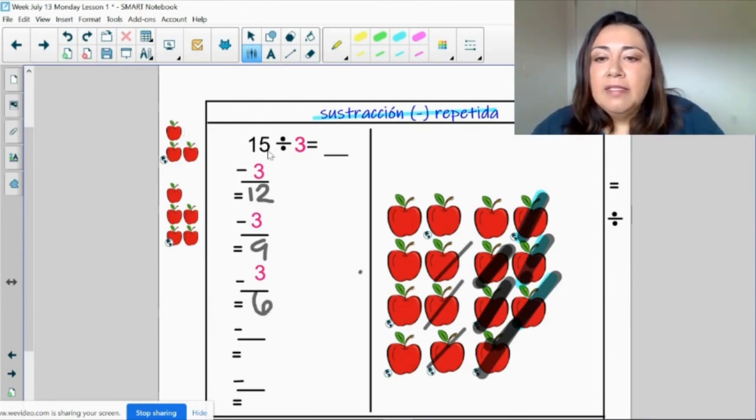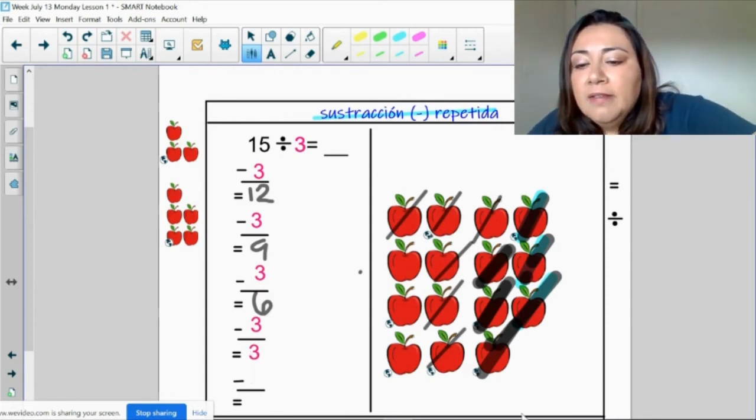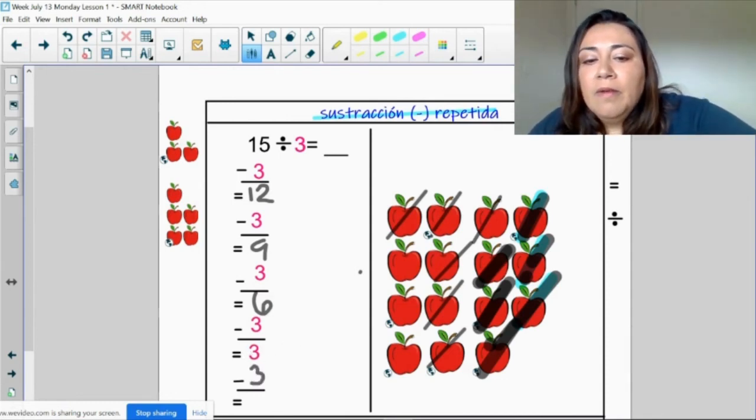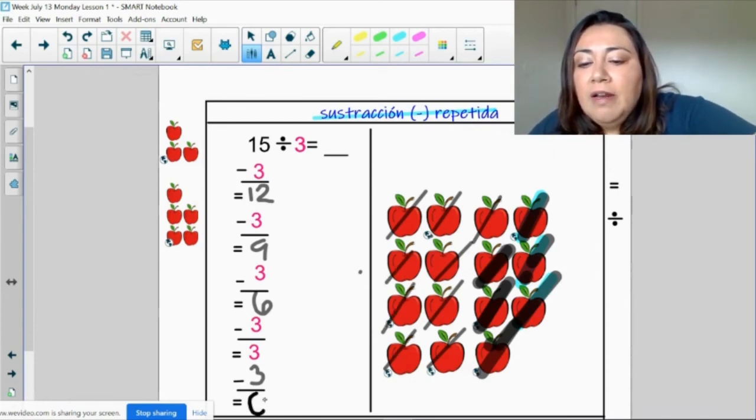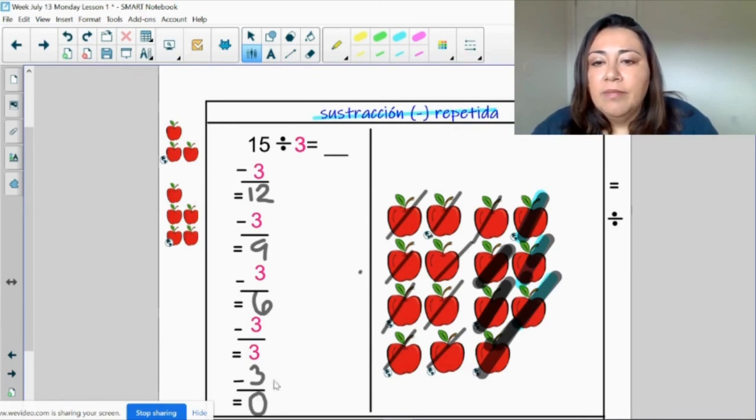Y 6 menos otro grupo de a 3. 1, 2, 3. Son 3. Y 3 menos 3. 1, 2, 3. Finalmente es 0.